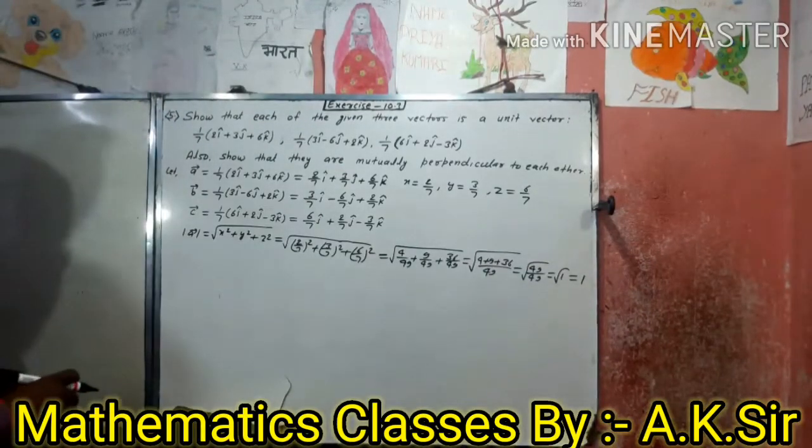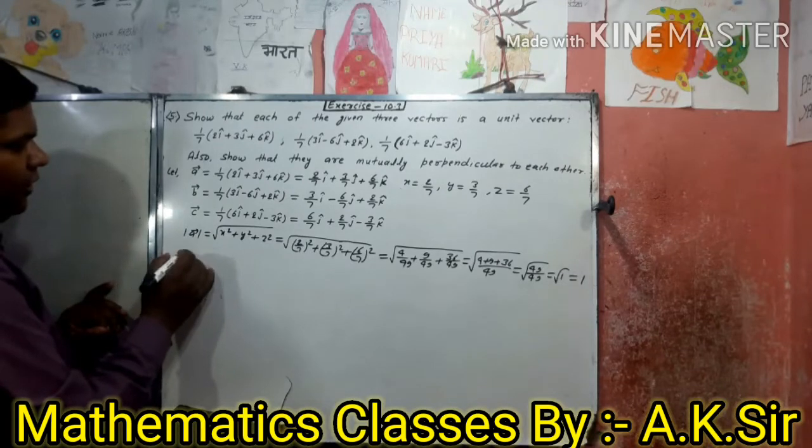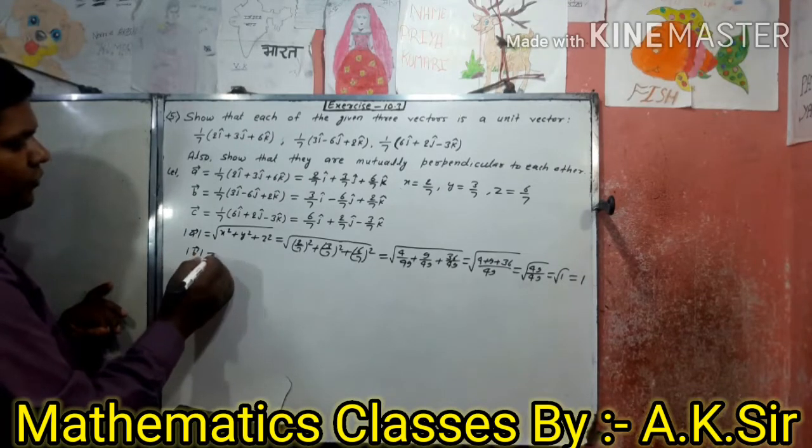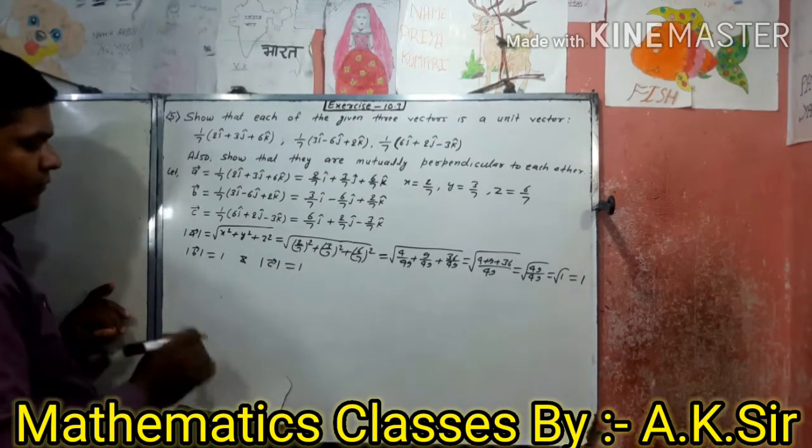If you solve magnitude of B, you will get magnitude of B is equal to 1 and magnitude of C vector is equal to 1.